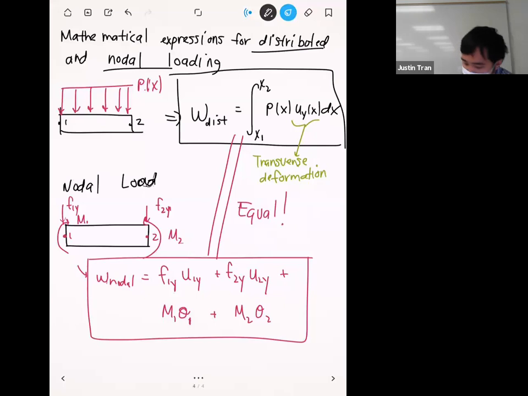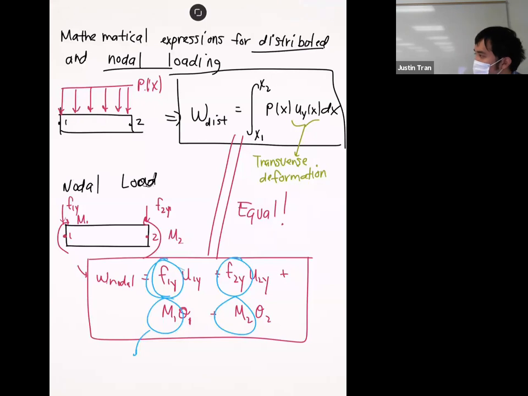And ultimately, what we want to solve for are going to be all of these. The procedure of transforming a distributed loading to a concentrated one is to form these two mathematical expressions and then use them to solve for the nodal loads. Everything I've circled here, these are the equivalent concentrated nodal loads.